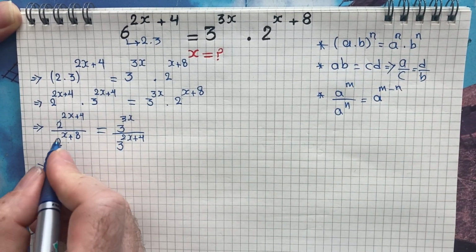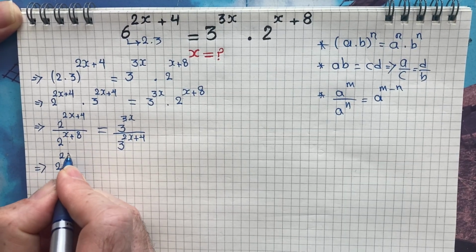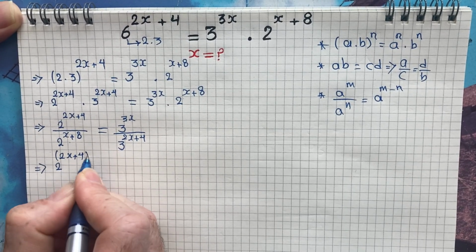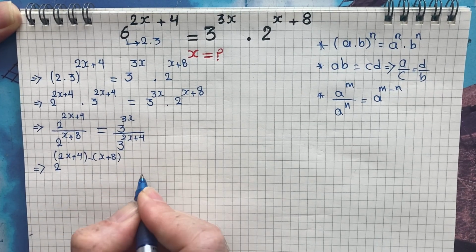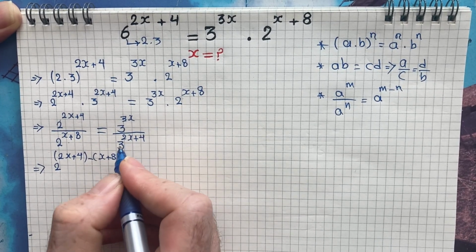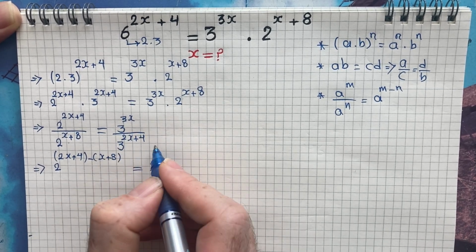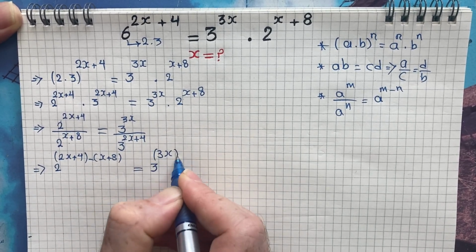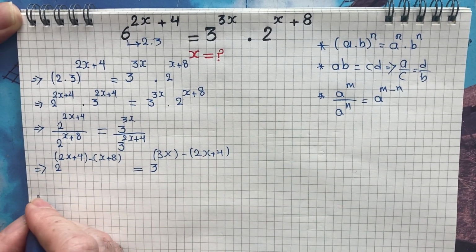So left side is gonna be, I write 2 raised to first exponent 2x plus 4 minus second exponent x plus 8 equals right hand side. Again, same base. I write a base and simply subtract exponent. So it is gonna be 3 raised to 3x minus (2x plus 4).